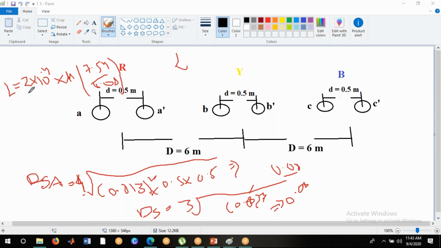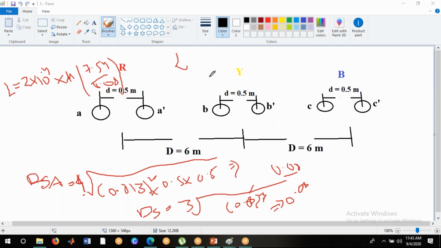Find the value of inductance L. So it is 0.9 millihenries per kilometer.